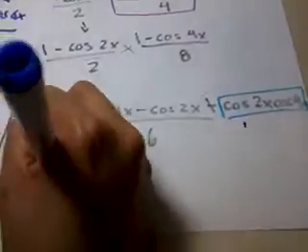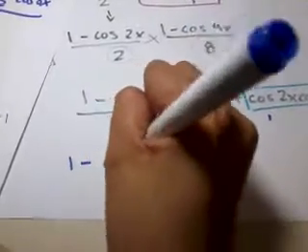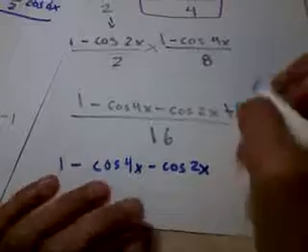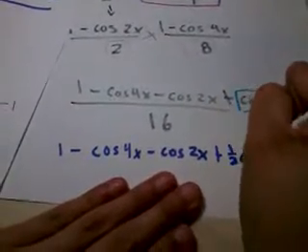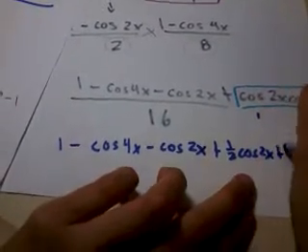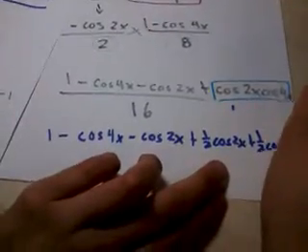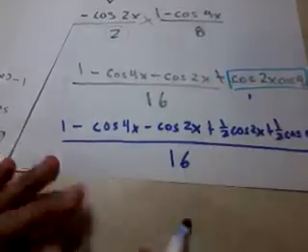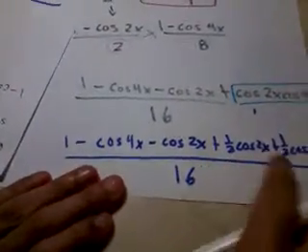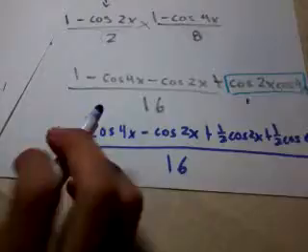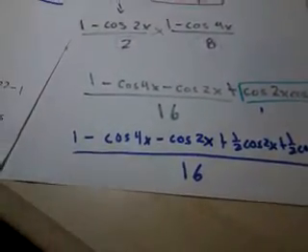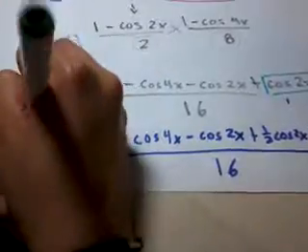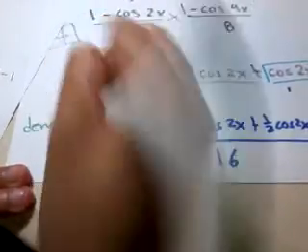And all of this is going to replace this box. So we get 1 minus the cosine of 4x minus the cosine of 2x plus 1/2 of cosine of 2x plus 1/2 cosine of 6x, and then this is all over 16. Since we have fractions in these two terms, we're going to make the whole numerator have a denominator of 2.